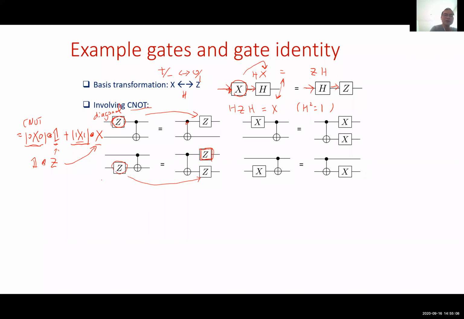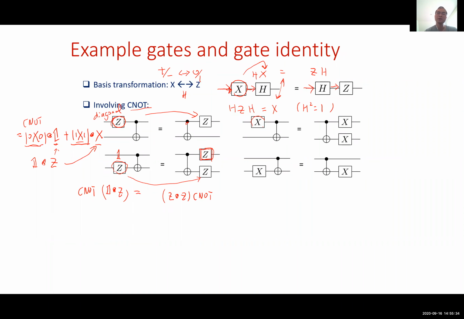So the mathematics is that 1 times Z, so you can regard this as 1, and that's Z. C0 equals C0 Z tensor Z. That's the mathematics. Okay. So in terms of X gate, it's sort of the reverse.